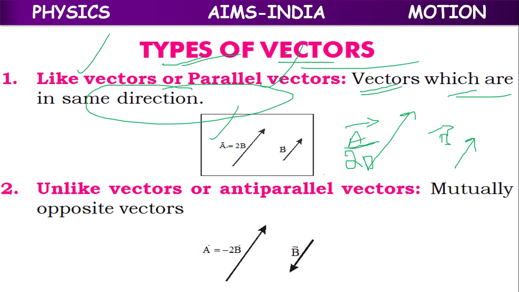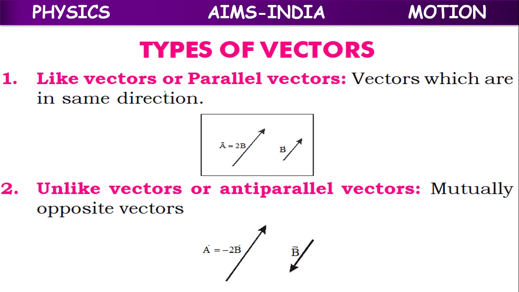One vector may be bigger, one vector may be smaller. It doesn't bother us, because they are in the same direction. That's why we call them like vectors or parallel vectors. They may be equal, they may not be equal. It doesn't matter. As they are pointing towards the same direction, they are called like vectors or parallel vectors.